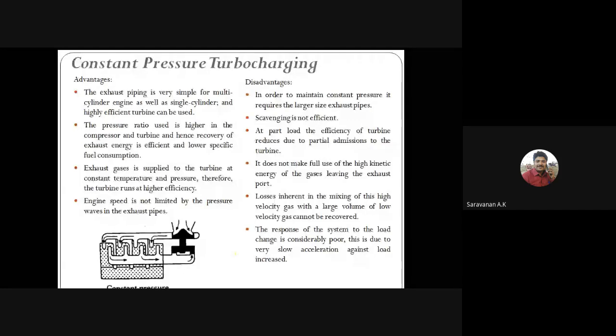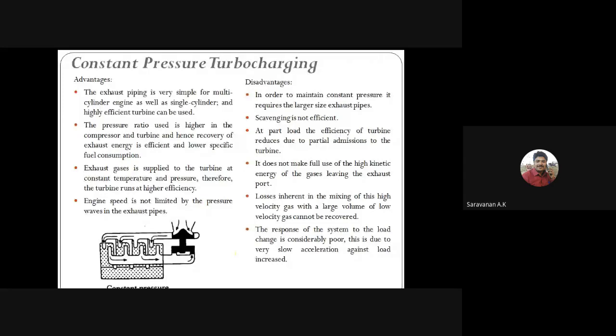The exhaust gas from all the exhaust valves goes to an approximately constant pressure output. This type of turbocharging is called constant pressure turbocharging. The exhaust gases are maintained at a constant pressure during the whole cycle of the engine.